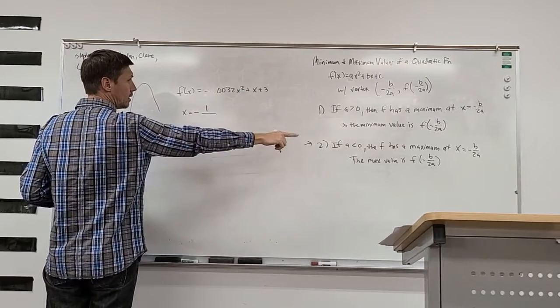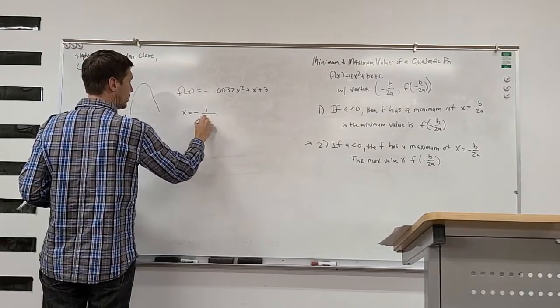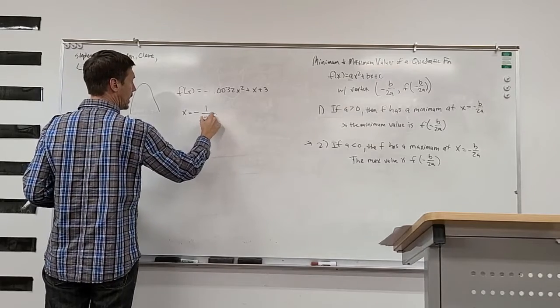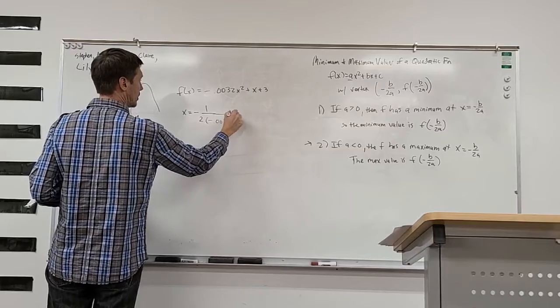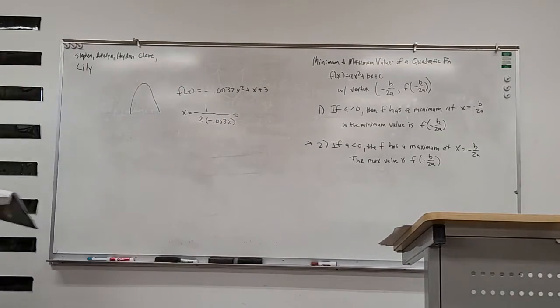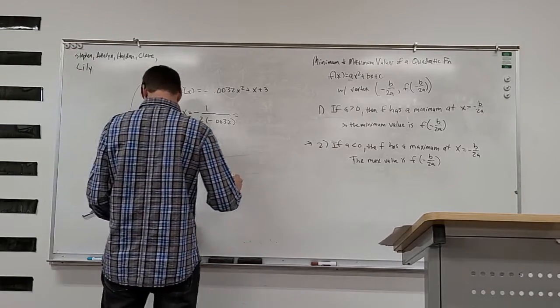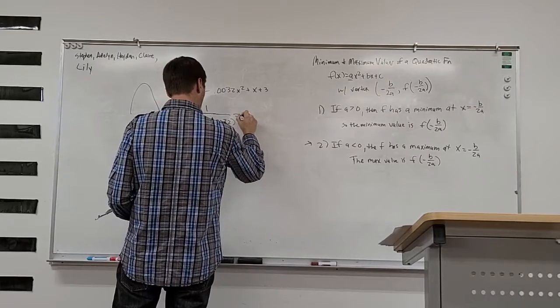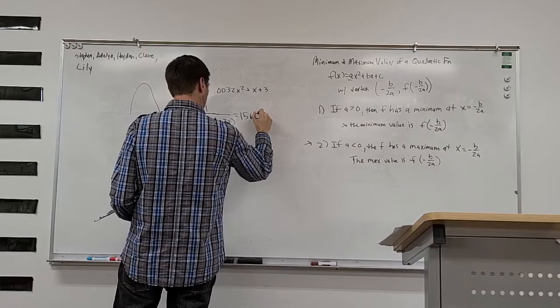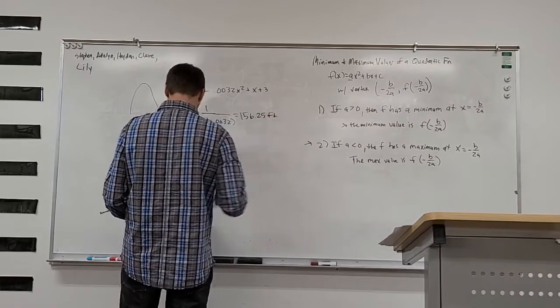So 1 over 2a, and 2a is negative 0.0032. So that's pretty simple, right? We're just plugging those a and b values in. And when we plug that in our calculator, we get 156.25 feet, because that was our original unit.